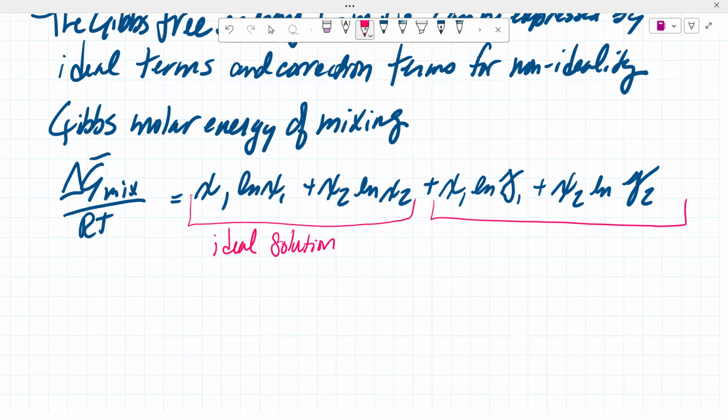These are the correction terms. So it uses the activity coefficient for real solutions.